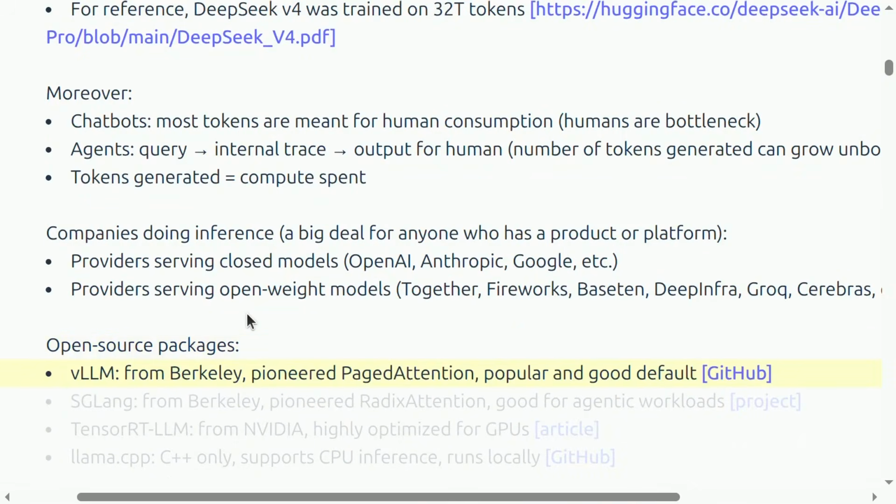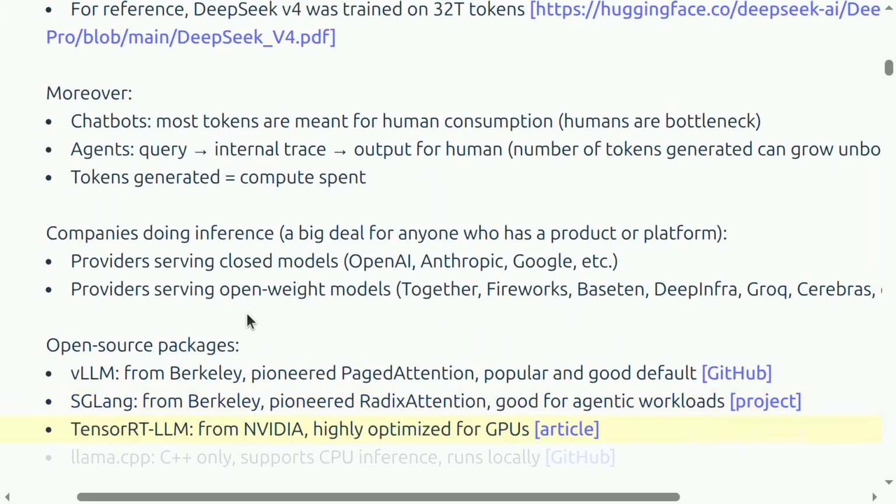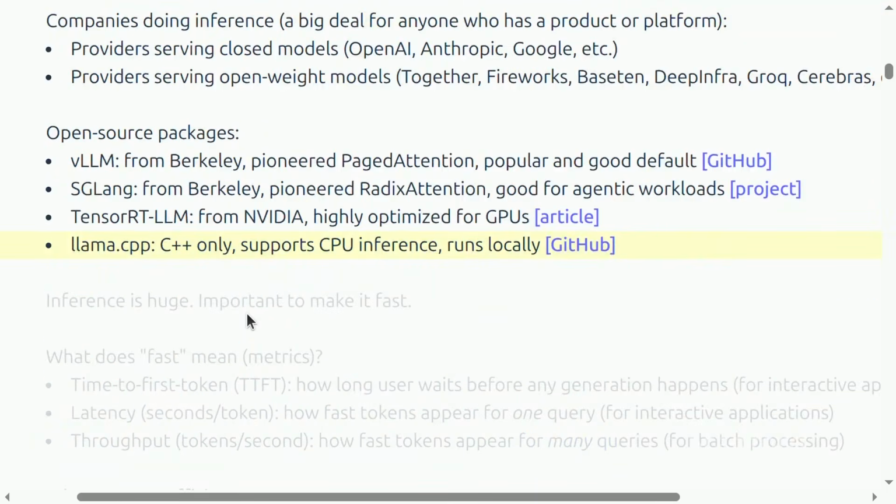So vLLM is probably a popular one, kind of a go-to. SGLang is another one that's particularly good for agentic workloads, but maybe not as popular yet. And then there's TensorRT from NVIDIA, which is really fast, but it's more narrow. And then llama.cpp, if you want to run inference on your CPU, is a popular package.